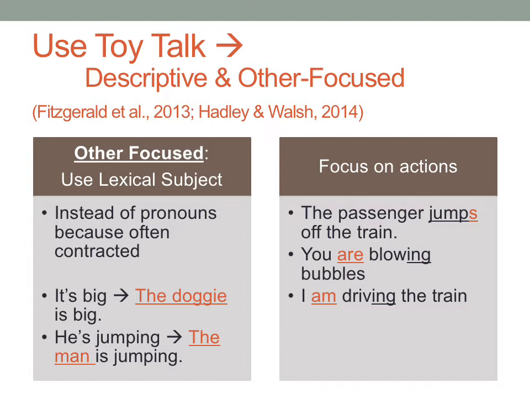Finally, we focus on actions, and if we're using third person lexical subjects, then the focus on actions helps us get more of those third person singular markers in our input to children, and auxiliary and copula verbs.